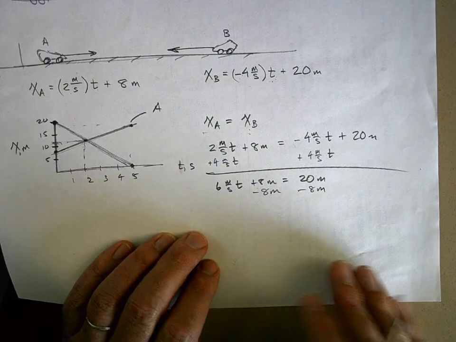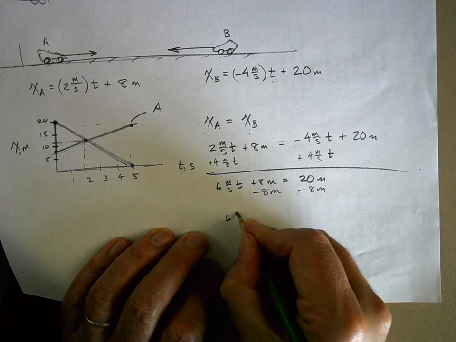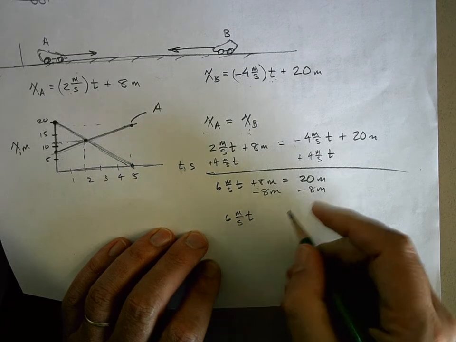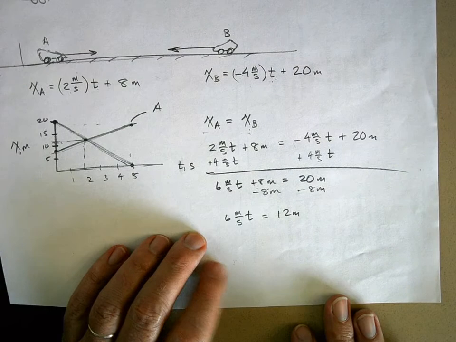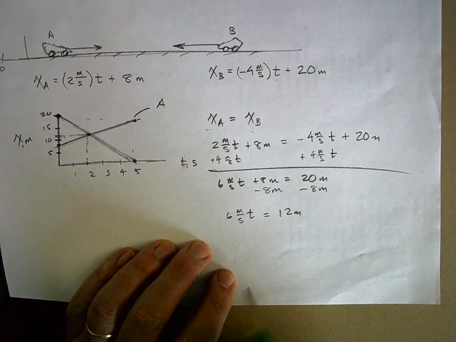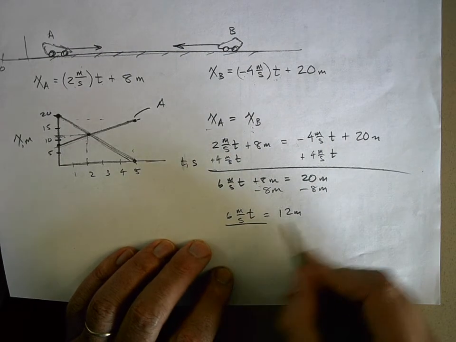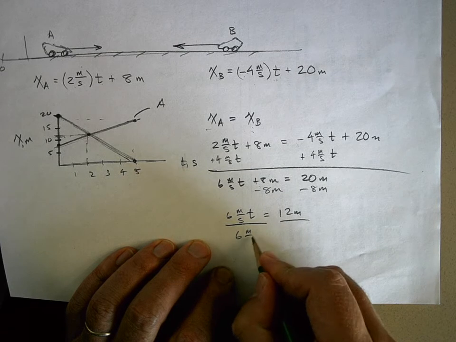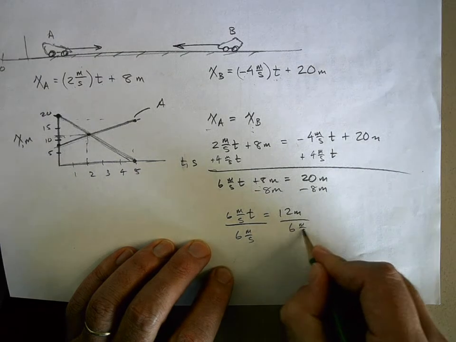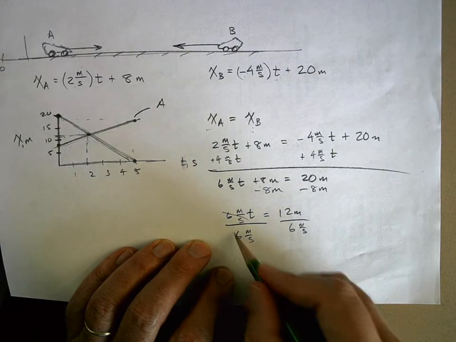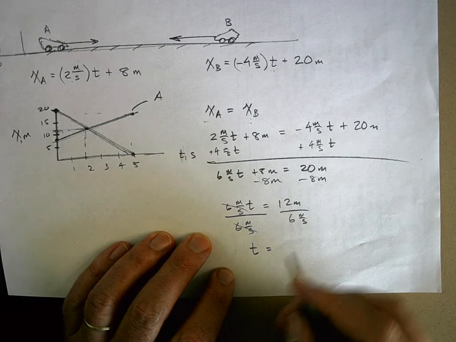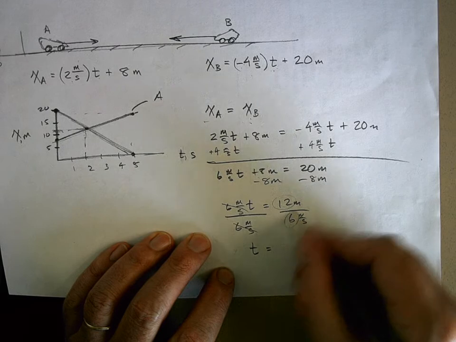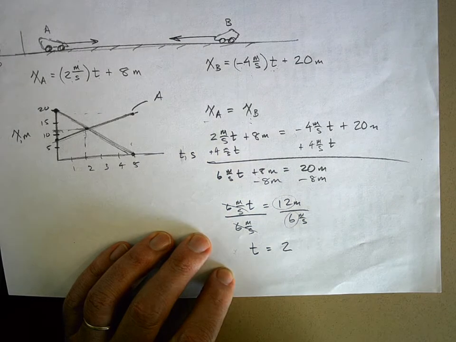And I get 6 meters per second times time equals 12 meters. And now I'm going to divide both sides by 6 meters per second. And of course that goes away, and I'm left with time equals, well, 12 divided by 6 is 2.